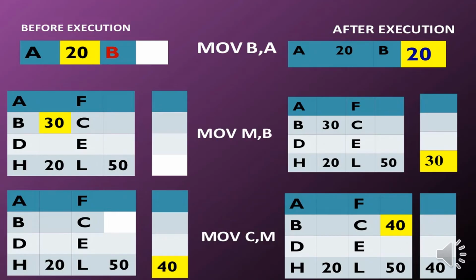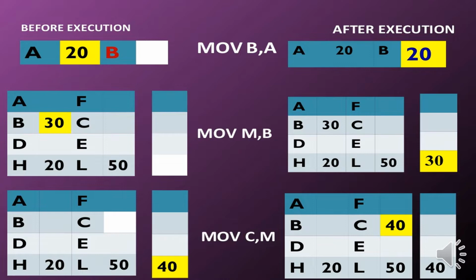This is an example of the move instruction, MOV B, A. Before the execution, the A register content is 20, a hexadecimal number, so A is 20H, and the B register may hold any value previously stored. After the execution, the A register content 20H is copied into the B register.